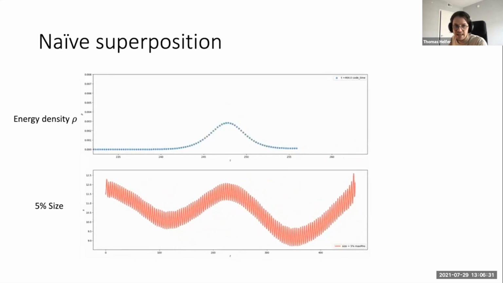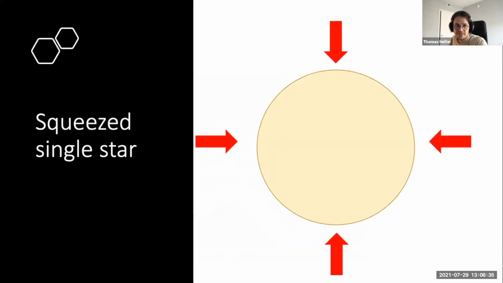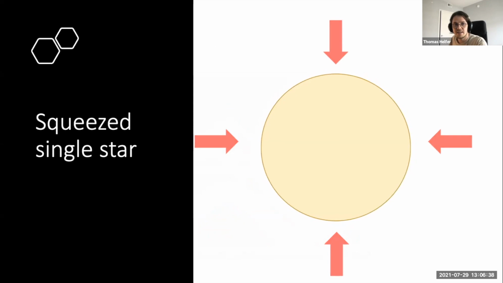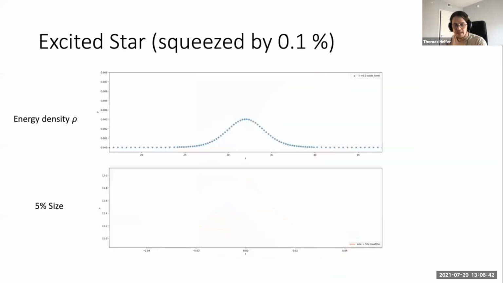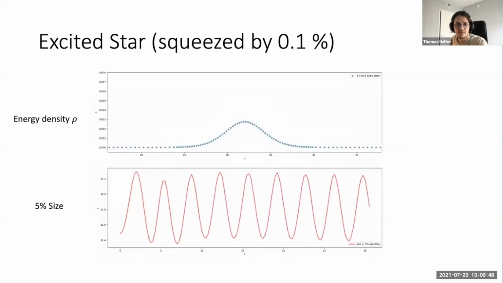It's very similar to what happens if you squeeze a single star. Say we take a single star and squeeze it a bit. Again, this is not a binary anymore, just a single star that we squeezed by 0.1%, barely.